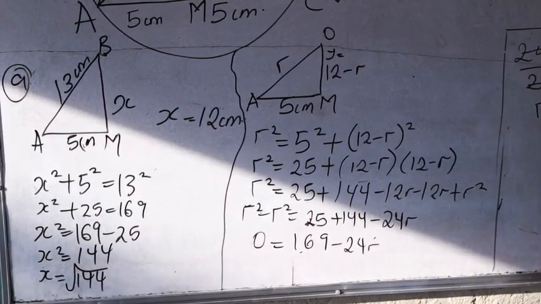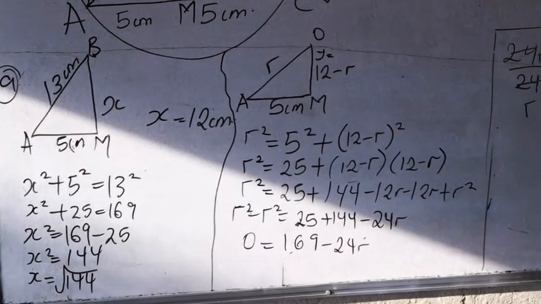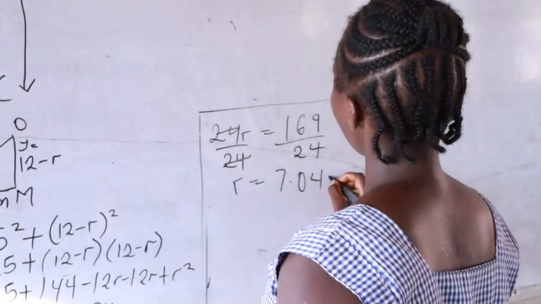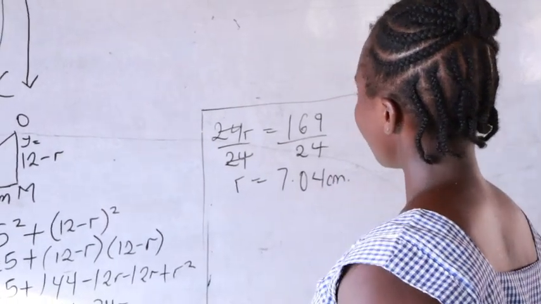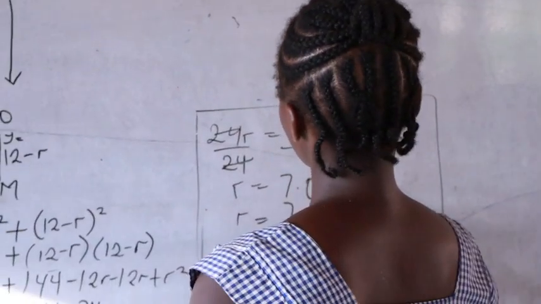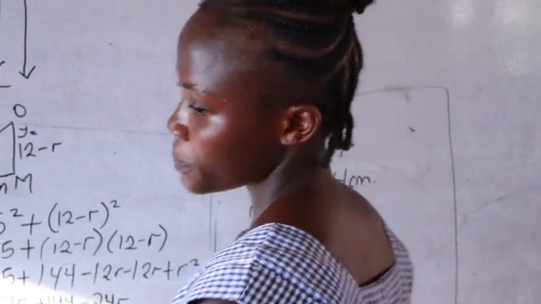Help out to divide this. 169 all over 24 is what? 7.04. 7.04 centimeter. Do you have degree of accuracy? Yes, sir. Approximate. Is this the answer? Yes. Please clap for her.